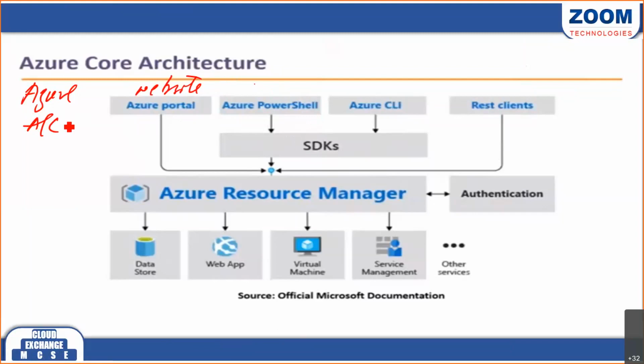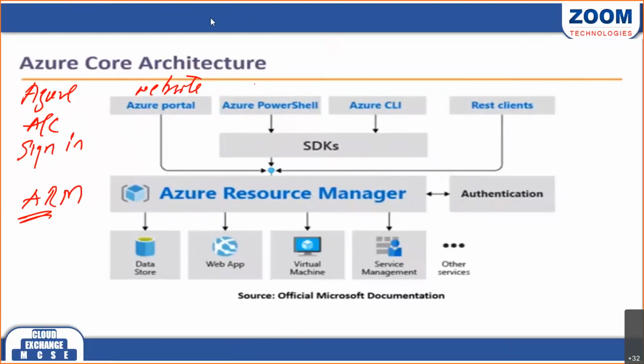But whenever you sign in or log in to the account, we are signing in to the ARM page. In the last class I said that whenever you log into Azure, we log in using the ARM page.